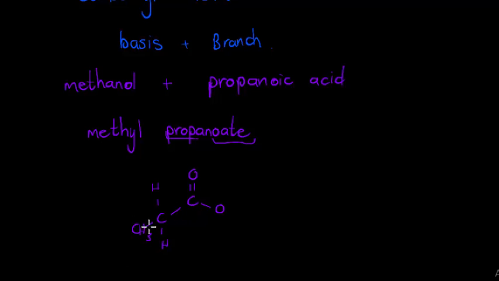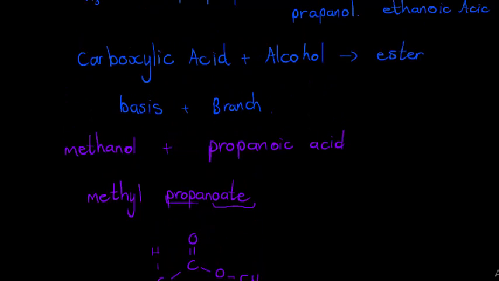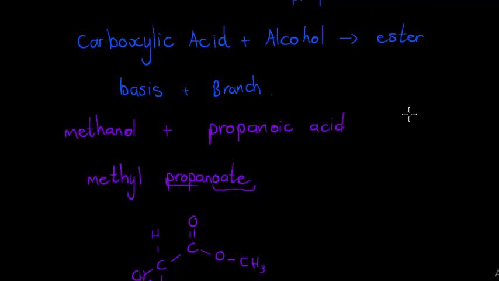That is the propanoate, and then the methyl means bonded to this one would be a methyl group, so a carbon like that. And this will be exactly the way in which we name esters.